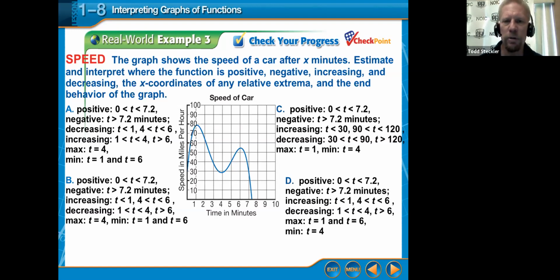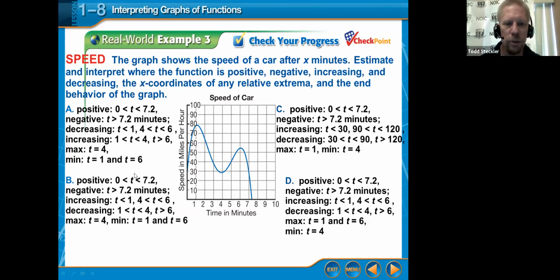So let's talk about where the graph is positive first. To be positive, the function has to be above the x-axis. So here's the x-axis, and it looks like it's above it from 0 minutes to 7.2.